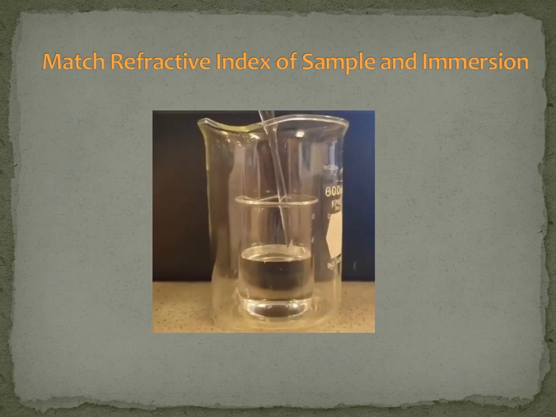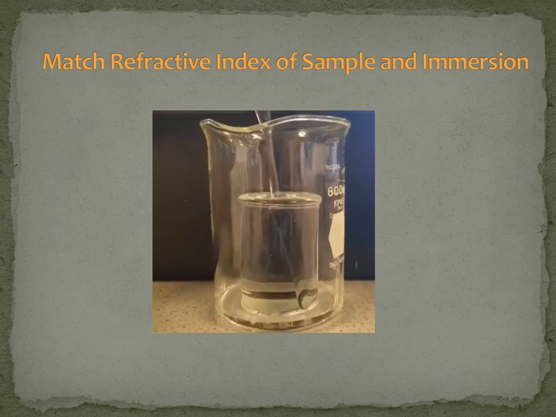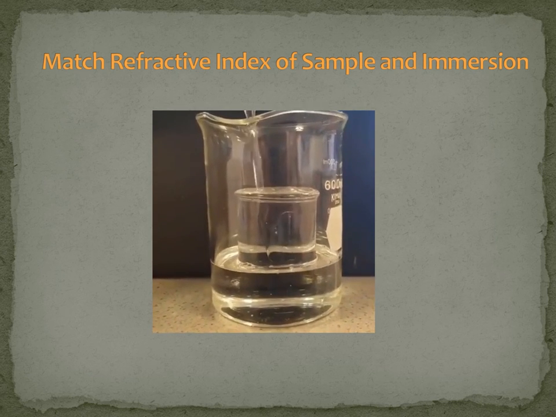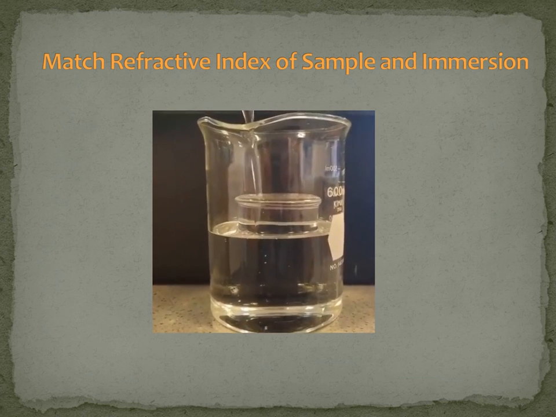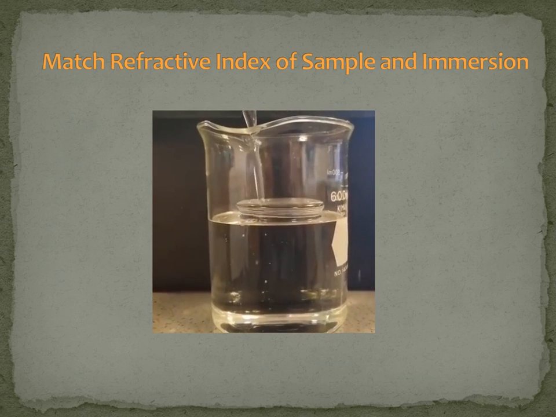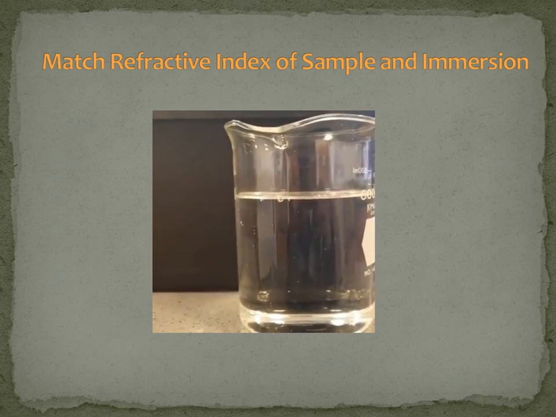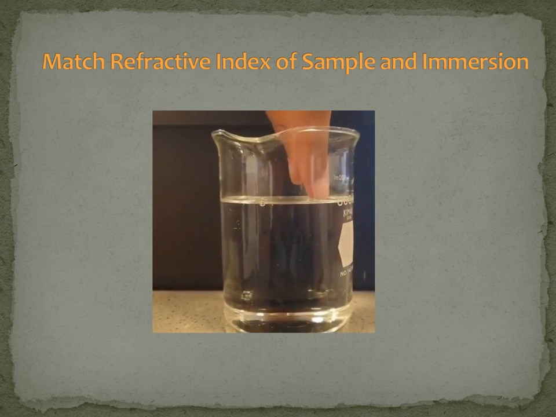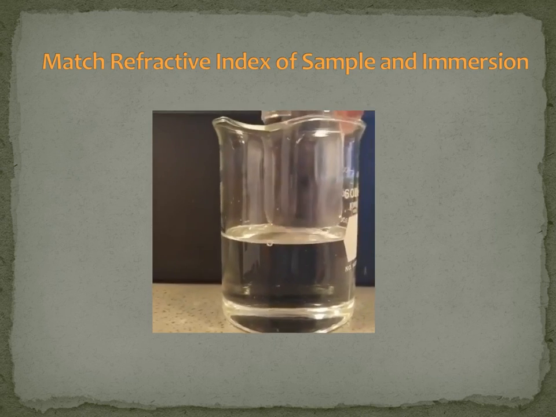So the light will continue its path without changing direction, and without changing direction it looks as if there's nothing in there, as if it's fully transparent and the medium is just one. So the choice of an appropriate oil when looking at a sample in optical microscopy is a crucial detail that is often not taken into consideration.